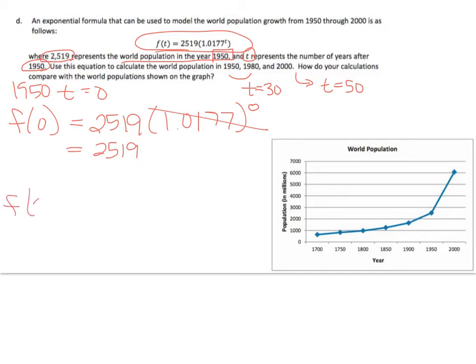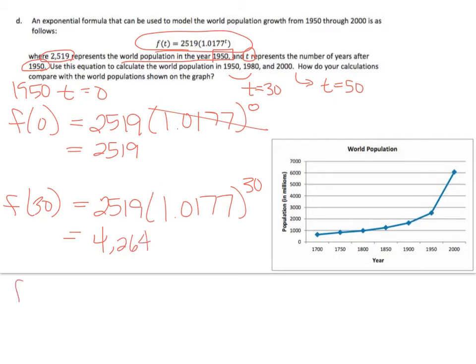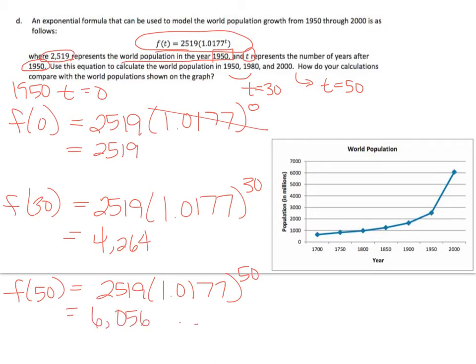And 1980, I have T equals 30. So 1.0177 to the 30th. Calculate that out and I get 4,264 million. And then in year 2000, it's f of 50. That gives me 6,056. That's pretty close if you compare that to the graph. I'm pretty happy with those calculations.